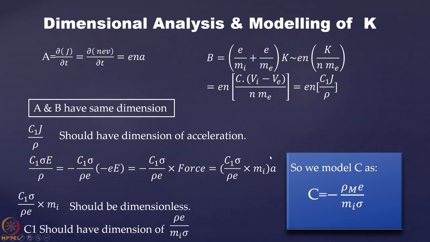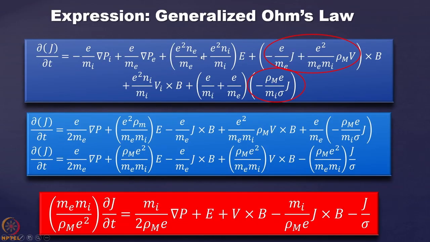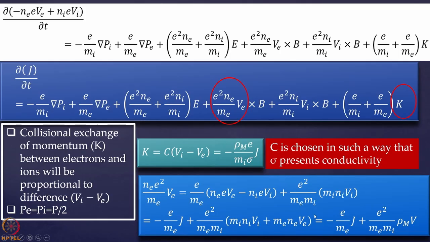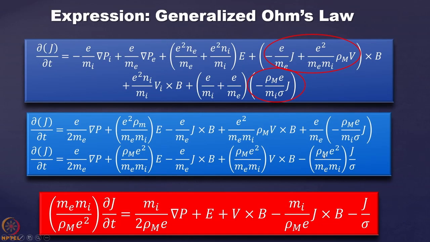Okay. Now we put that in, and finally what we get: as I promised, I will be putting these two terms for this one, and for K I will put this term. So here we have now reached here. These two terms are replaced over here, and this is for K, and this is the expression.